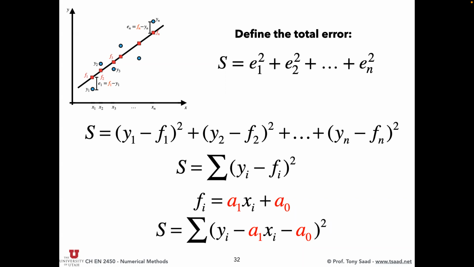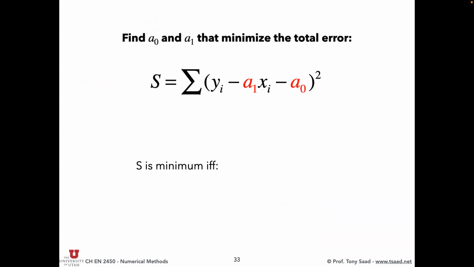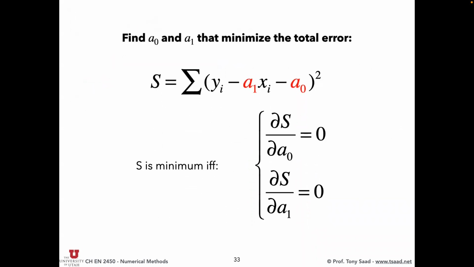So if we take this Fi and put it in here, you get this compact formula for the total error, okay, as a function of A1 and A naught. Now we apply the same idea. Find A naught and A1 that minimize the total error. And again, the same conditions are true.